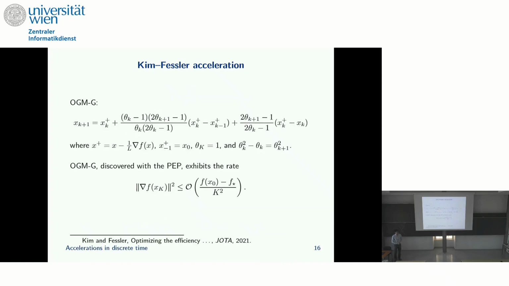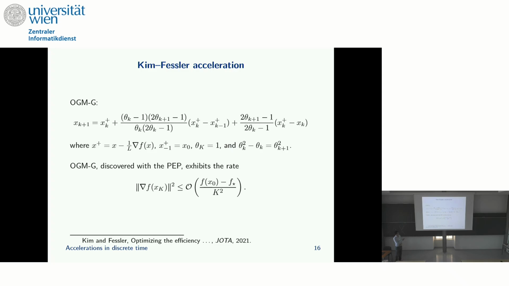Well, here's the accelerated method. This method is called OGMG, and it was proposed by Kim and Fessler. That's why I'm calling it Kim-Fessler acceleration. It very much resembles Nesterov acceleration. So here we have the gradient descent step, and we have the familiar momentum step. The momentum coefficient is different, but it's a positive number.